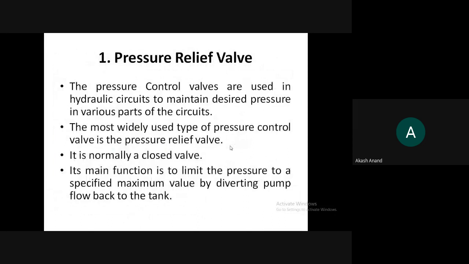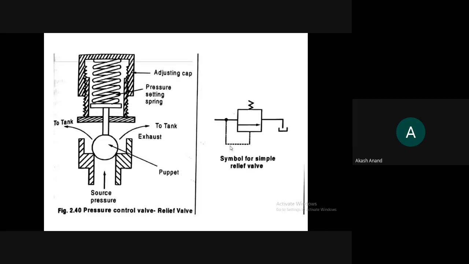Okay, first coming on to a pressure relief valve. You can see these are the important components of a pressure relief valve: adjusting cap, pressure setting spring, exhaust to the tank, a poppet, and a source pressure. So this is the symbolic representation of a pressure control valve, that is a relief valve.